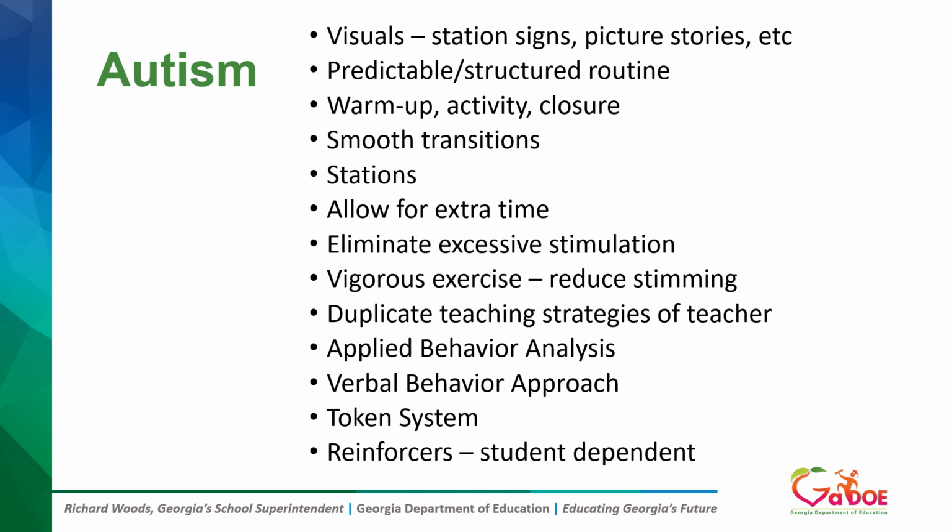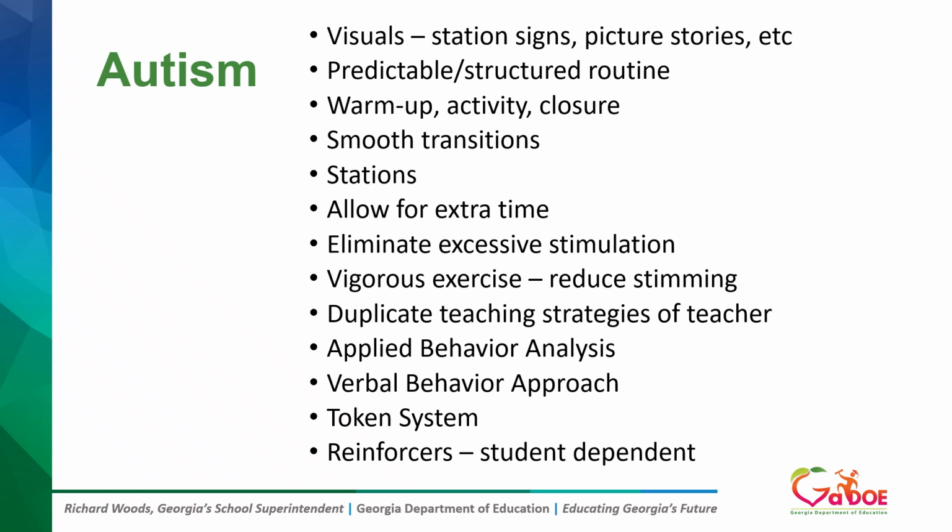Some adaptations and modifications for individuals with autism: visuals, station signs, picture stories, social stories, a predictable structured routine, including a warm-up, activity, and closure, smooth transitions, stations, allow for extra time, eliminate excessive stimulation.